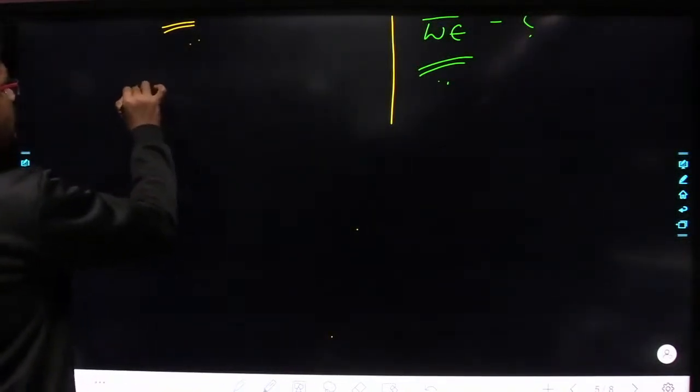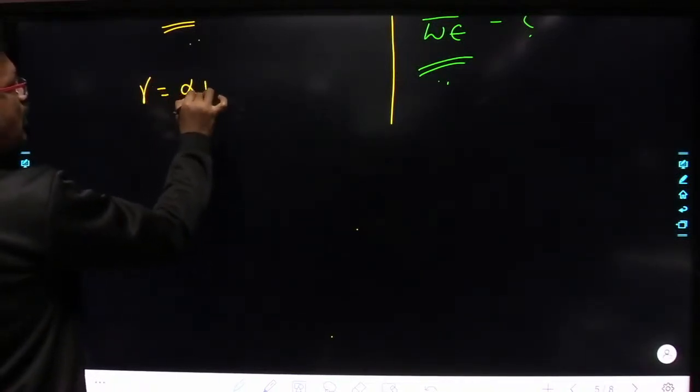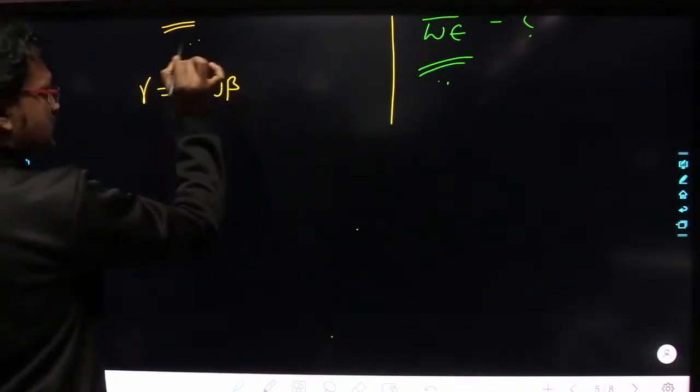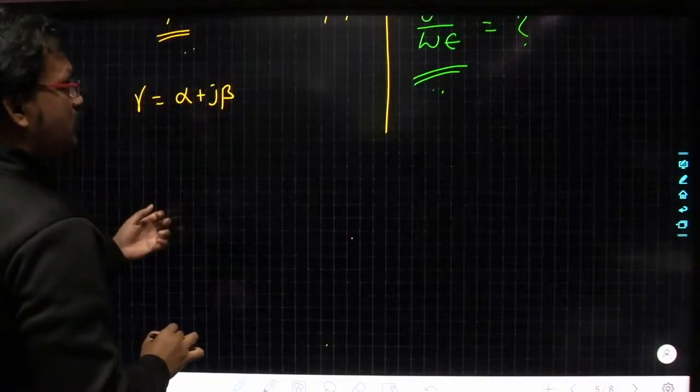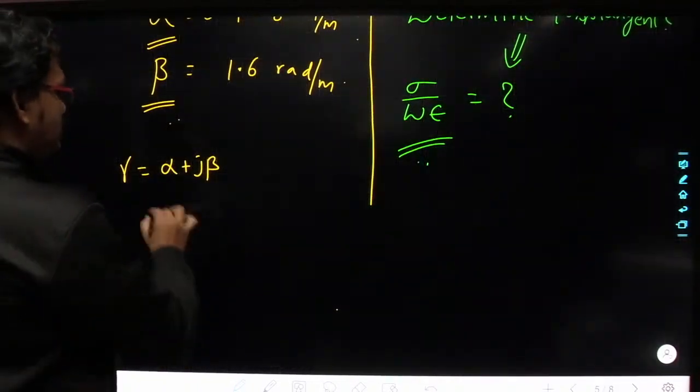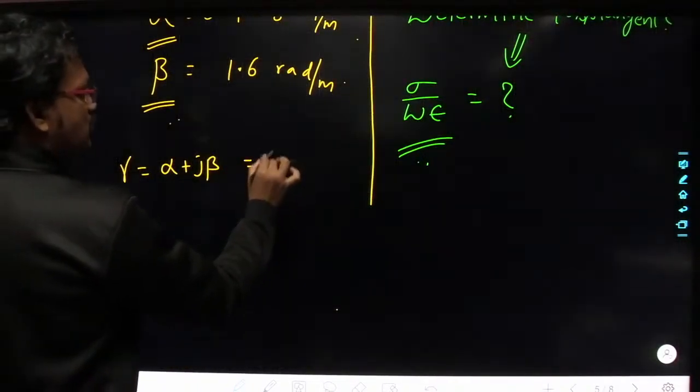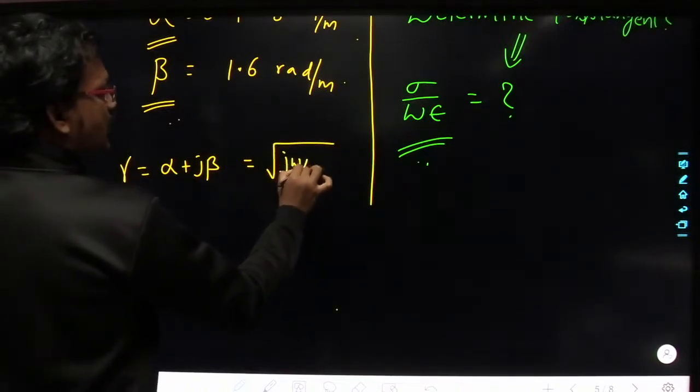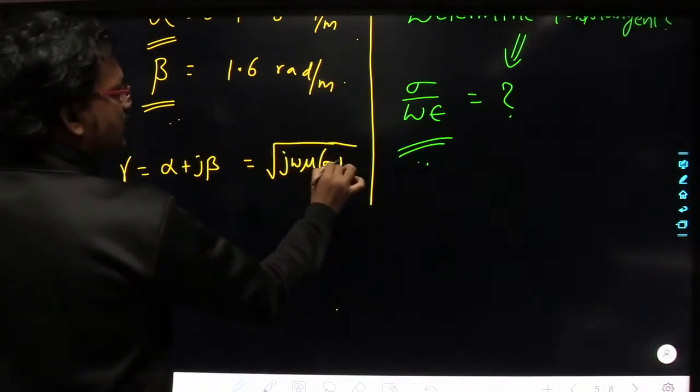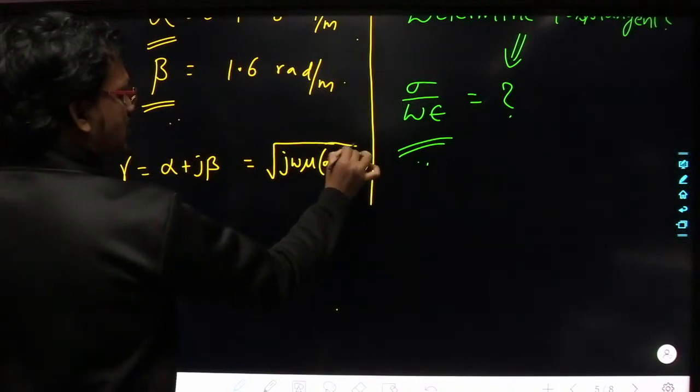See here, gamma is equal to alpha plus j beta, right? And for a lossy medium, this gamma is equal to what? Square root of j omega mu into sigma plus j omega epsilon.